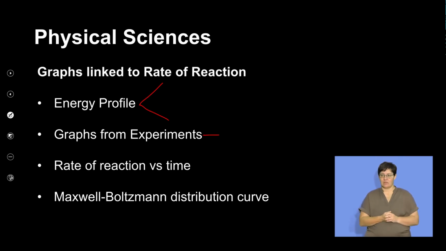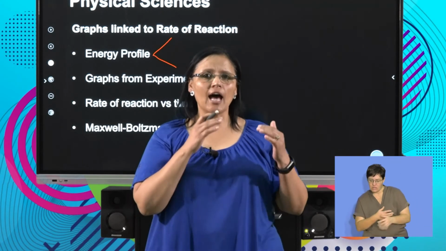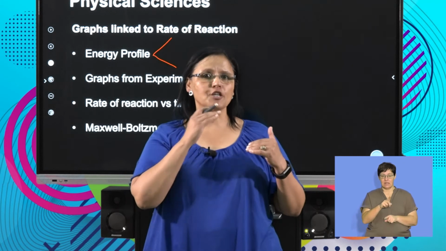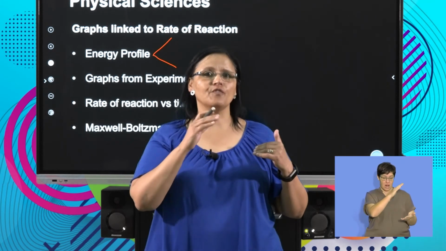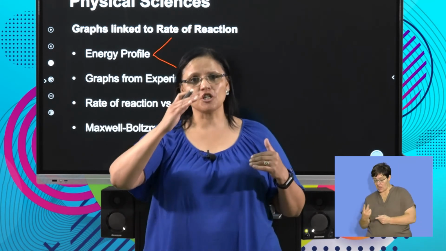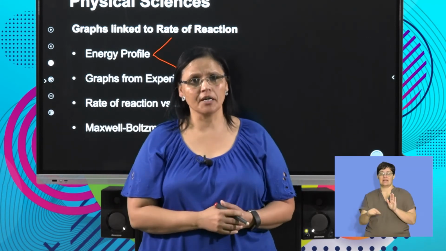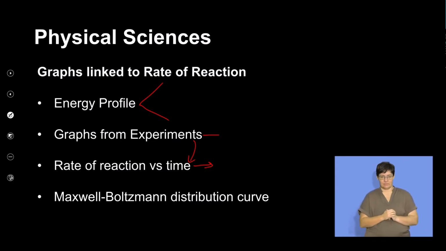Then we used this experimental data to actually go and look at the rate of our reaction versus our time, and we saw that as your reactants are converted into products, the rate of reaction actually shows a negative gradient.